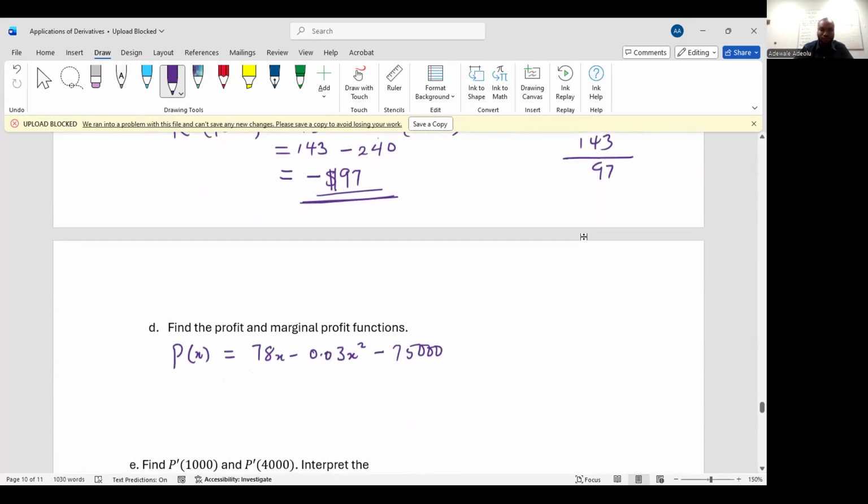Yes, so that is the profit function. Now, marginal profits. So by now you understand what marginal profit means. Marginal profit is the derivative of the profit function, which is 78 minus 0.06x. The constant becomes 0 when you take the derivative. So I have this. Now let us use it.